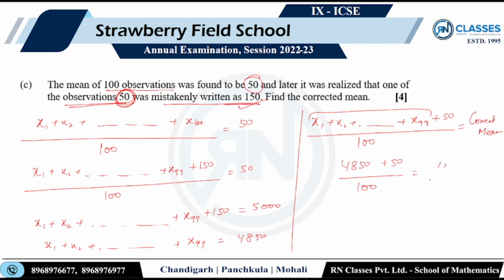So of course I'm getting the correct mean over here. This is nothing but 4900 by 100. ये कैंसिल हो गया, correct mean. So correct mean is nothing but 49.